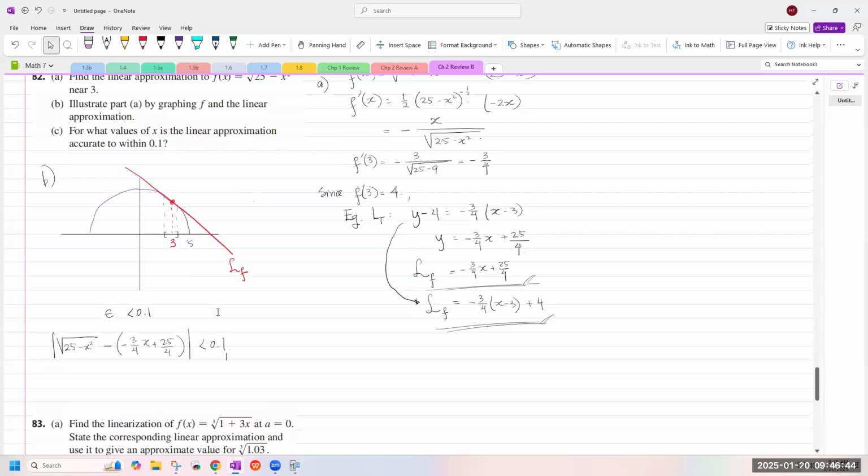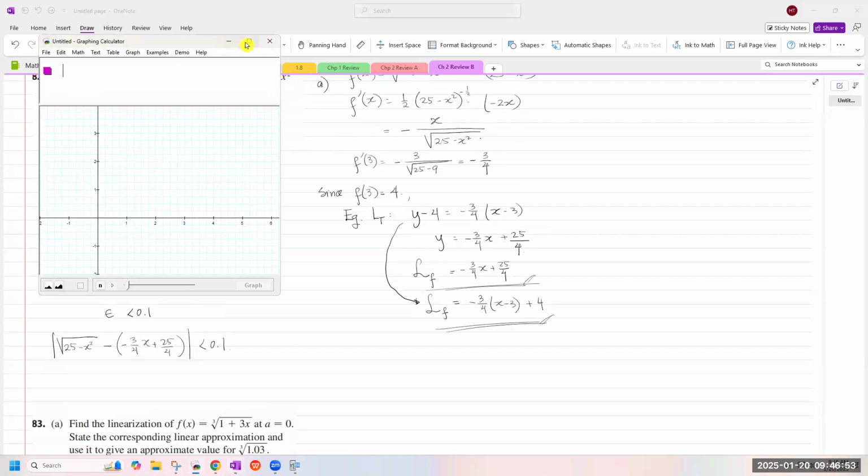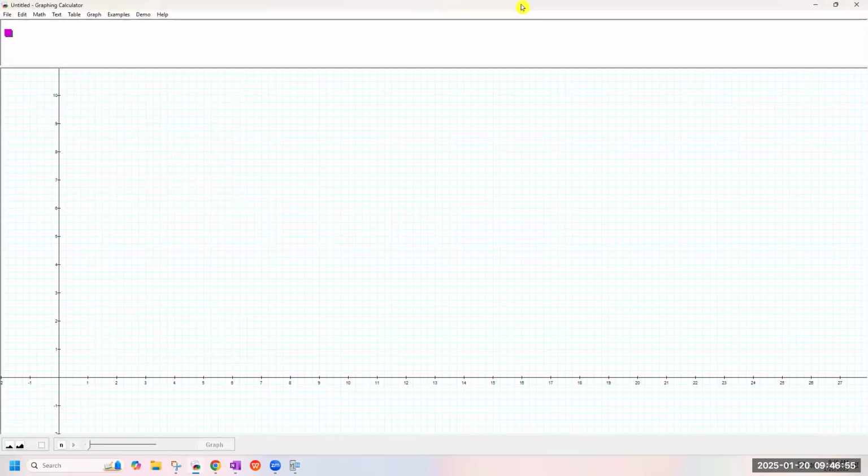What you can do, however, is use a graph. You know what? I'll do it. Let me grab my graphing software. I hope that's what we see here.